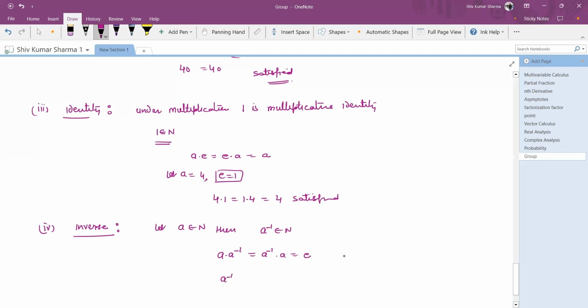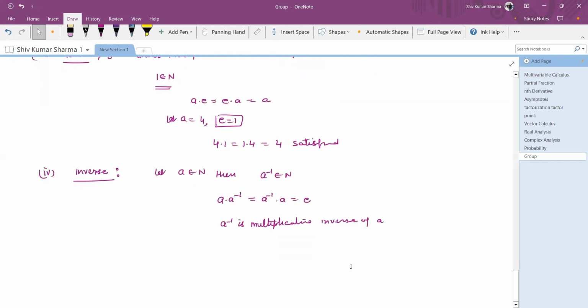A inverse is the multiplicative inverse of A, which is 1 upon A. So let A be equal to 4. Then the multiplicative inverse, A inverse, will be 1 by 4. Does 1 by 4 belong to N or not? No. No fractional number belongs to the natural numbers.